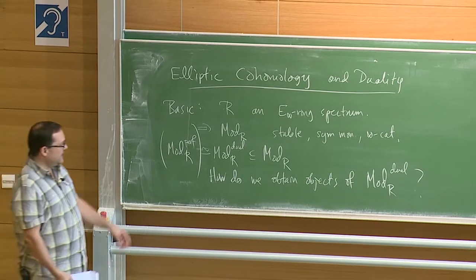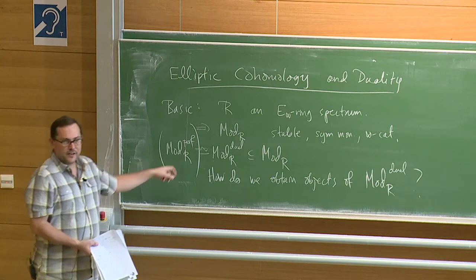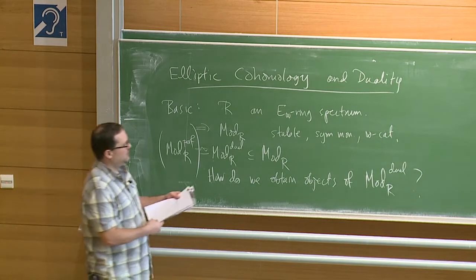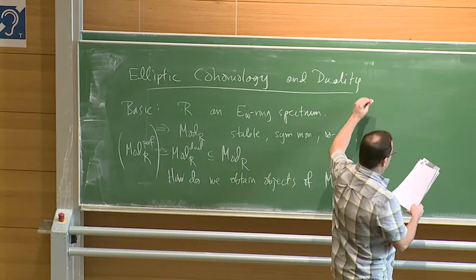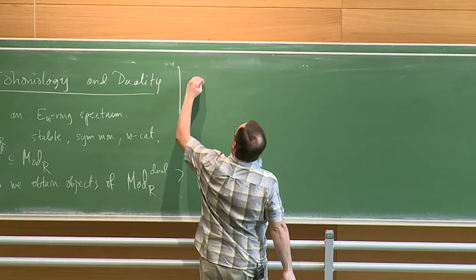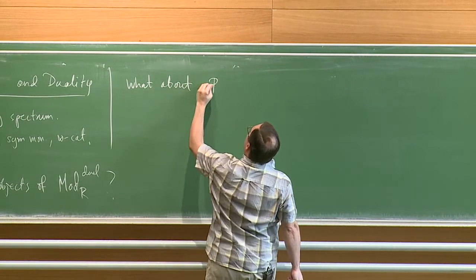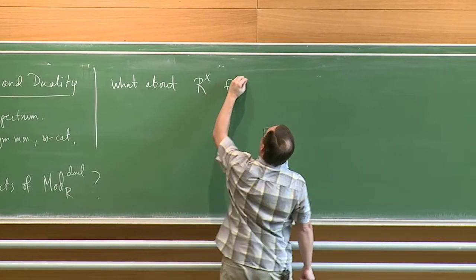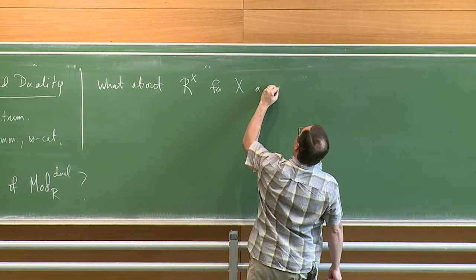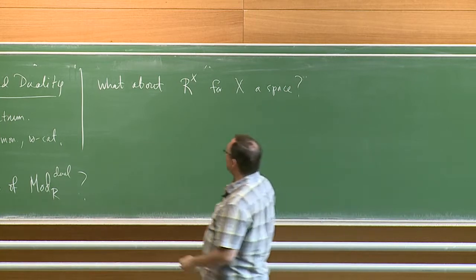So you could take any retract of a finite cell R module that would give you such an object. But what about the function spectrum R to the X for X a space? So when is something like this dualizable?